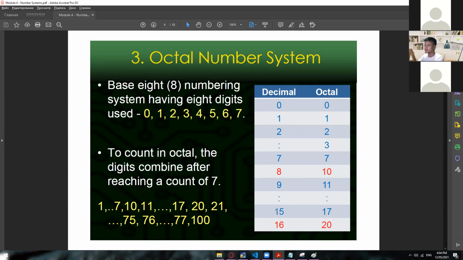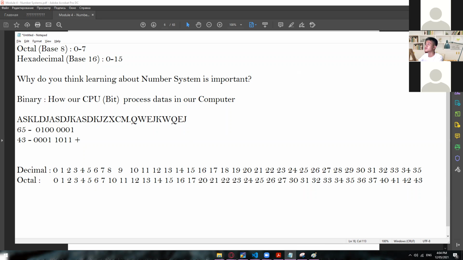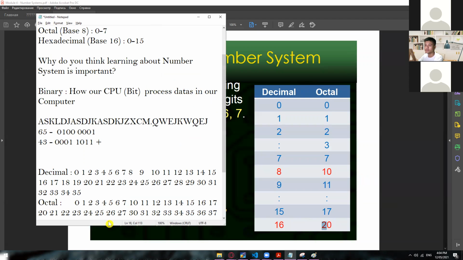Okay, so 15 is equal to 17, and then 16 is equal to 20. So let's check whether this one is correct or not. Here we have 15 equal to 17 in octal. There you go. 15 right here, and then 17 in octal. And then 16 right here in decimal, and then 20 in octal.